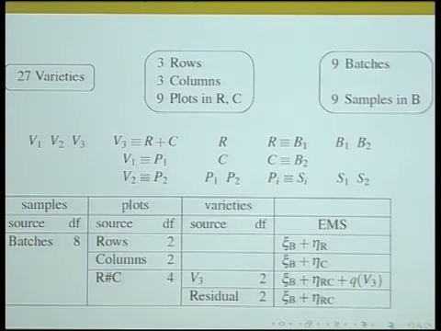Now I'm not going to show you the whole ANOVA table, I'm just going to show you what happens in the batches stratum. So here we've got the rows and the columns and their interaction. This V3 we confounded with that, so it's there. Now, its residual is only 2. That's horrible, but there's actually nothing we can do about that because that was forced from the first phase.